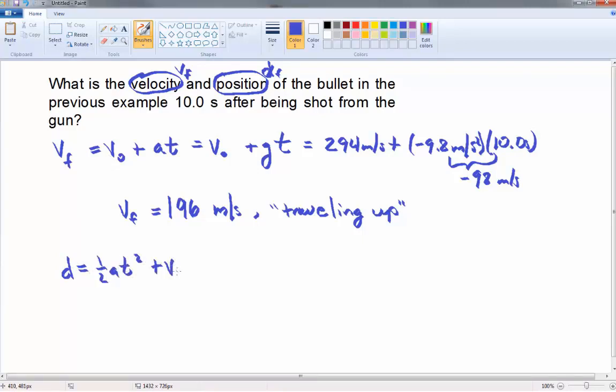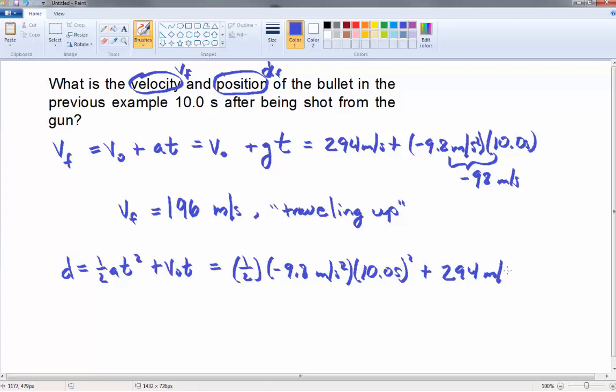And so that's 1/2 of negative 9.8 meters per second squared times the time, in this case 10 seconds squared. And then to that we add 294 meters per second, the initial speed, times the time, 10 seconds. So this quantity right here is 2,940 meters.